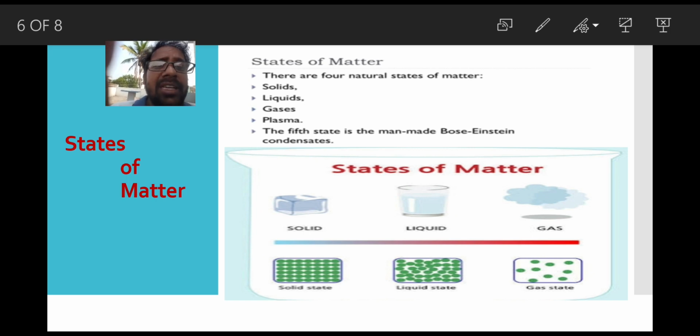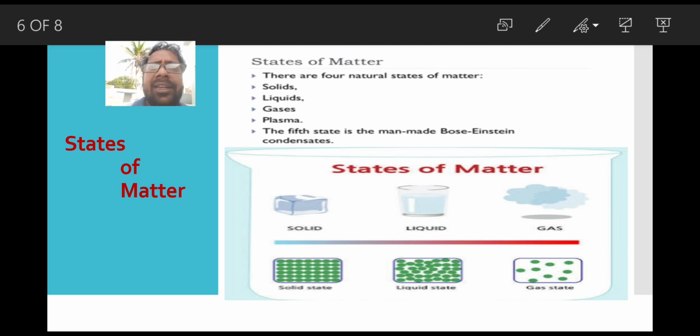In a solid, you can see that molecules, meaning constituent particles, are closely packed. They have very little intermolecular space, meaning the space between two particles is called intermolecular space.